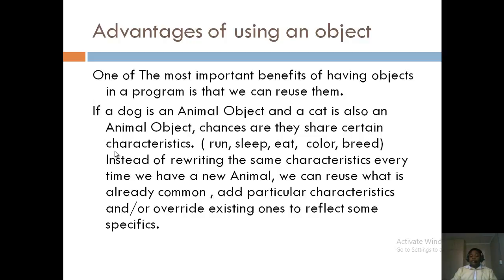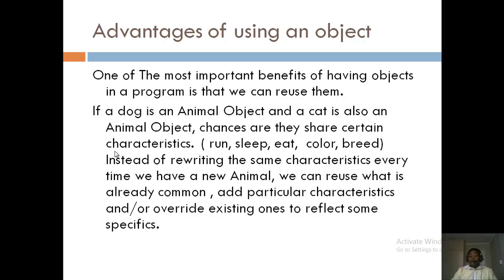Now, instead of rewriting the same characteristics every time we have a new animal in our program, we can simply reuse the animal object, because we know that animals already share these common characteristics.